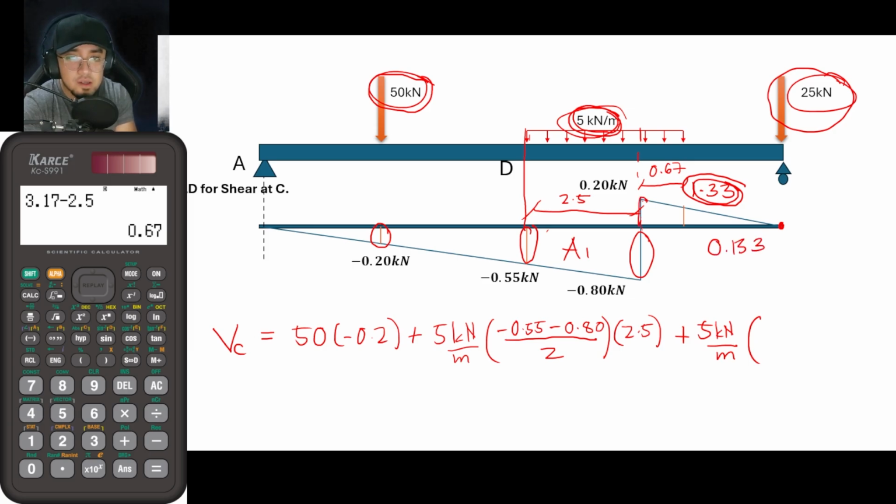And for this height here, this is positive 0.2. So from that is 0.2 plus 0.133 divided by 2 times 0.67. This is basically area 2. And this is area 1.